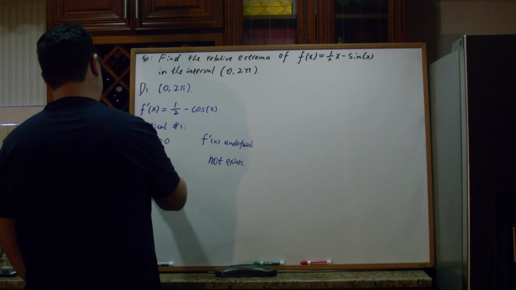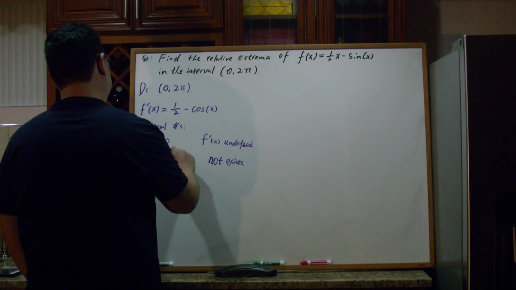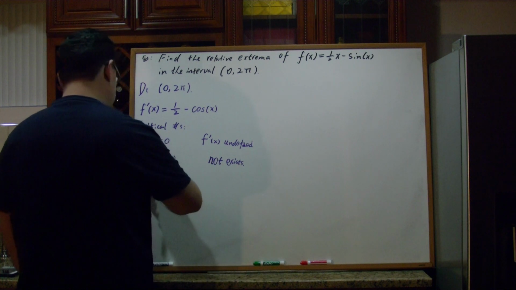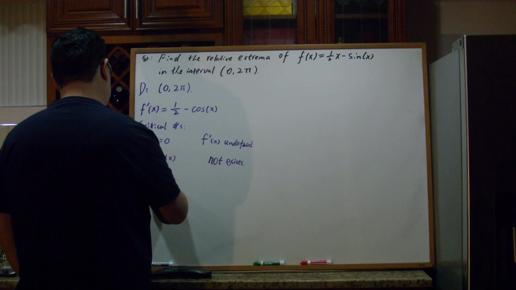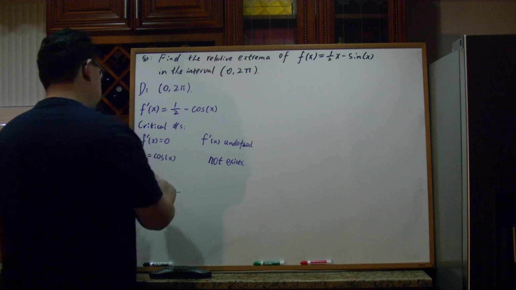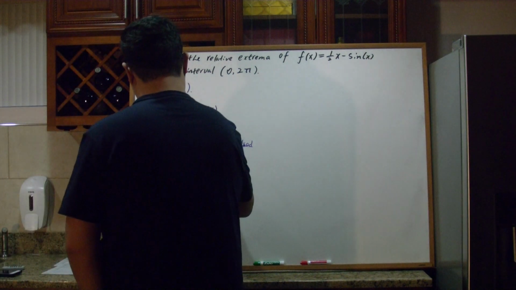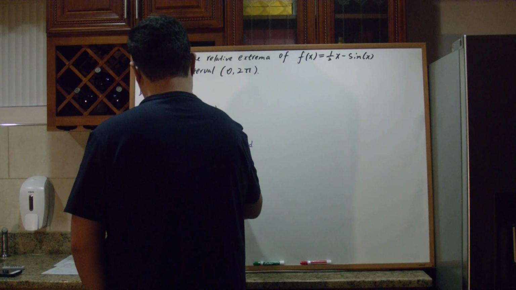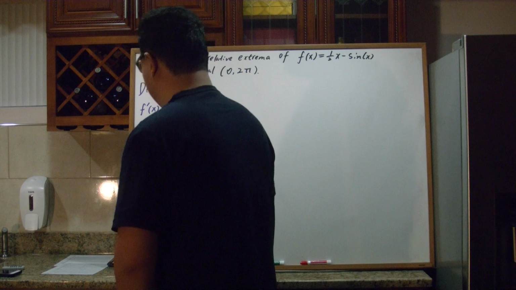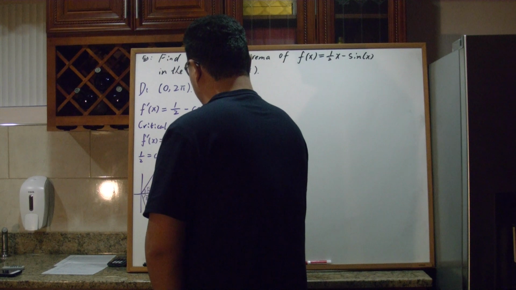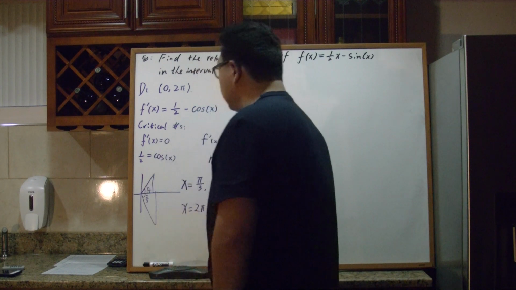Setting it equal to 0, 1/2 equals cosine of x. Cosine is positive in the first and fourth quadrants, with angle pi over 3, which is 60 degrees. So with reference angle pi over 3 in the first and fourth quadrants, x will be pi over 3, and for the fourth quadrant, 2 pi minus pi over 3 is 5 pi over 3. That's our critical numbers.